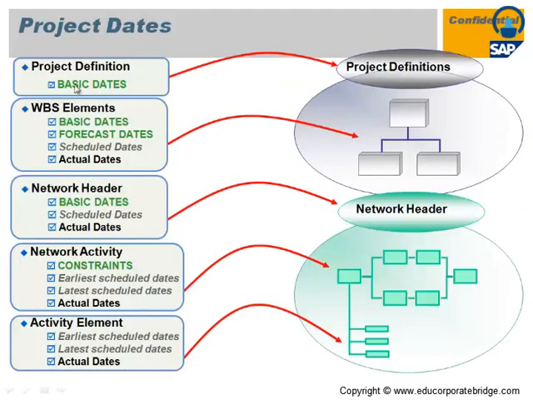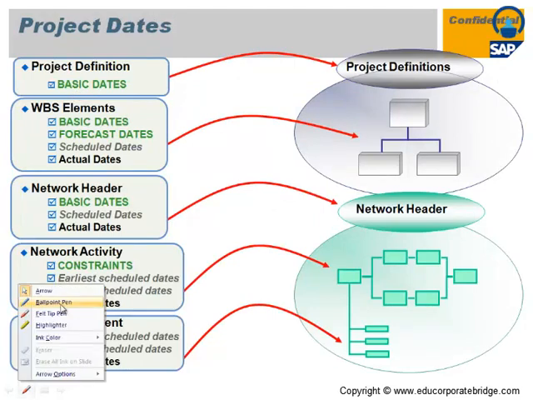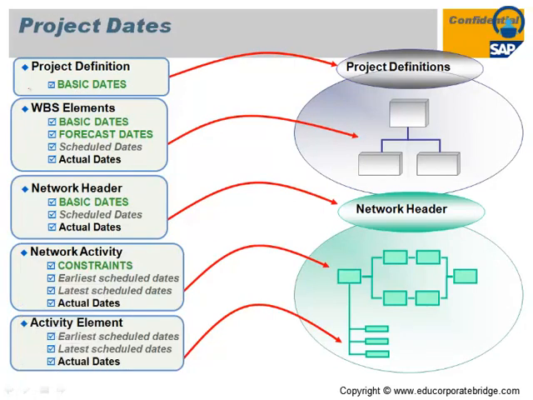So these are the project dates which are created in the system. The project definition has the basic dates, and the WBS has the basic dates along with the forecast dates. The forecast date is a tentative pre-planned date in the system, and finally the actual dates. That means your actual work gets started and you capture those dates, which are called the actual dates.